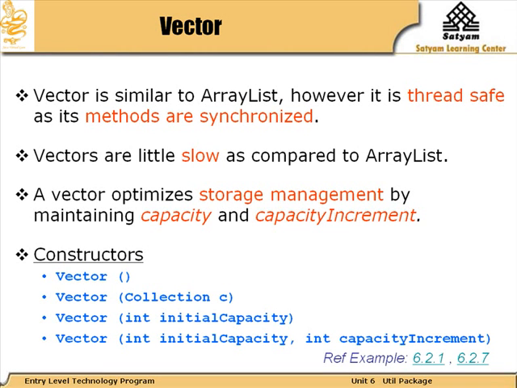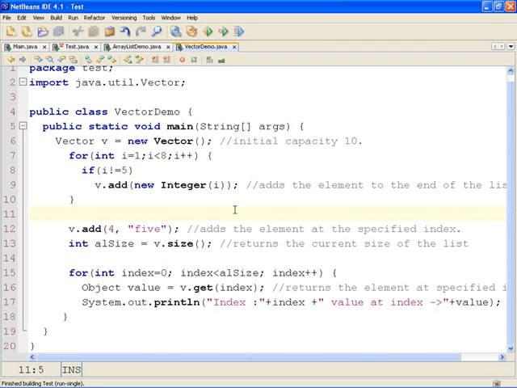Now let's look at an example. Here is an example of a Vector. This example is very much similar to the previous example that we have seen on an ArrayList. Instead, I have replaced the ArrayList with a Vector.